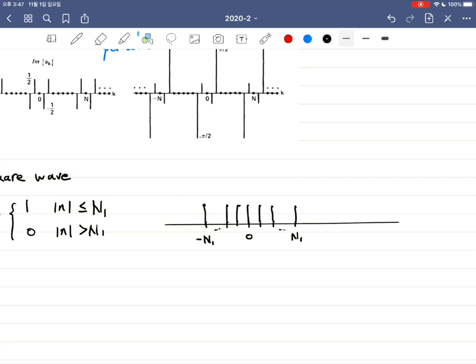And since it has to be a periodic signal, if you have N here, then you will have the ones also here.